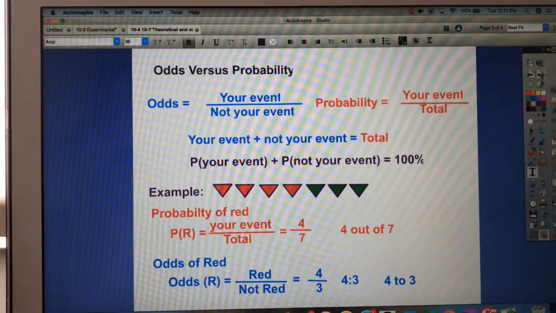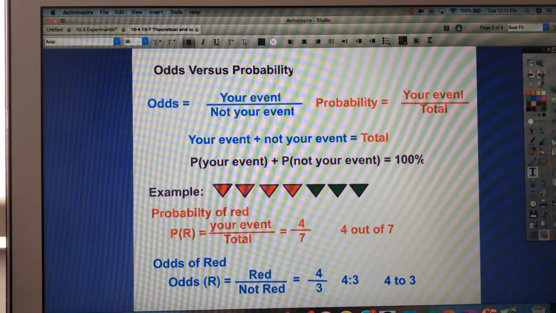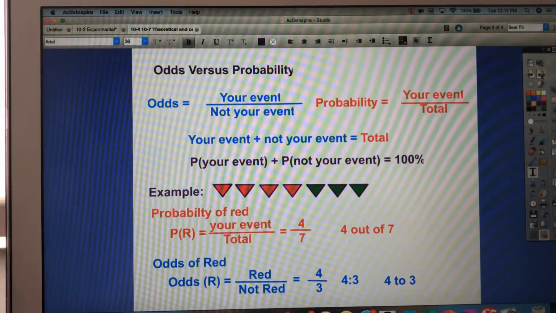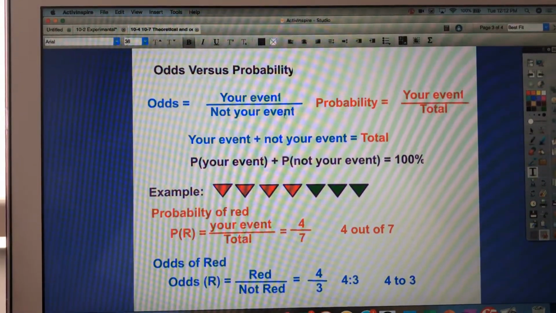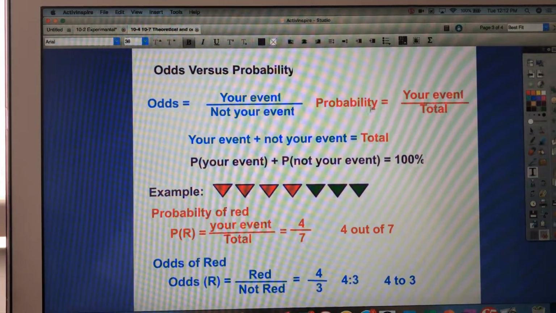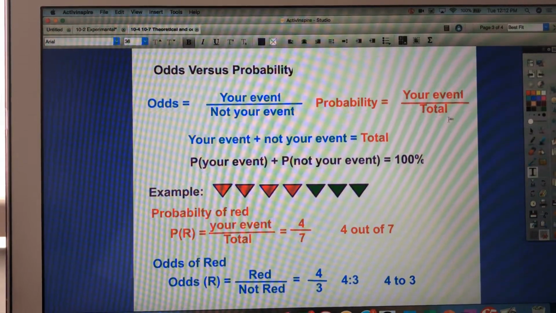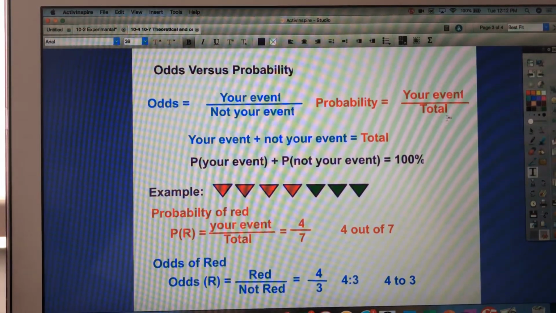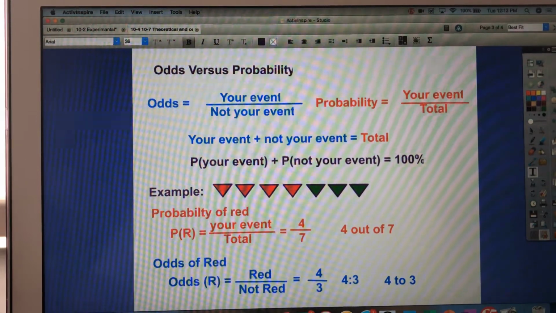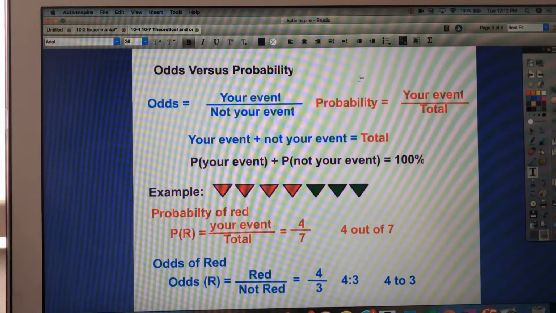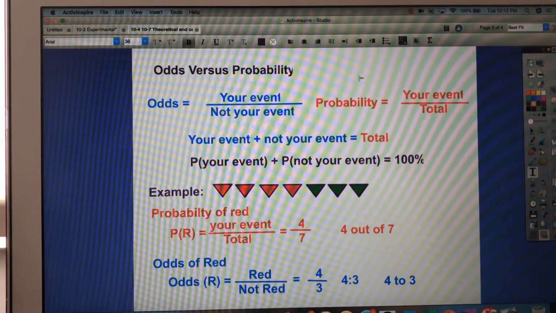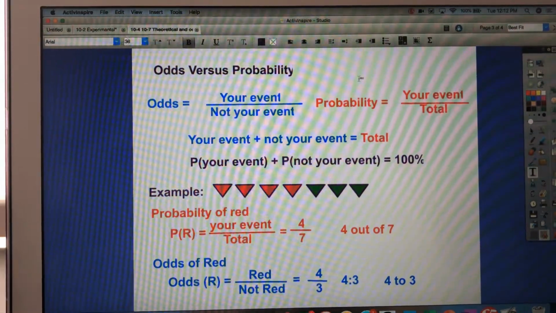How about odds versus probability? Odds: your event out of not your event. Probability: your event out of total. This is huge, everybody. You need to understand that there is a very big difference between odds and probability. They are not the same.